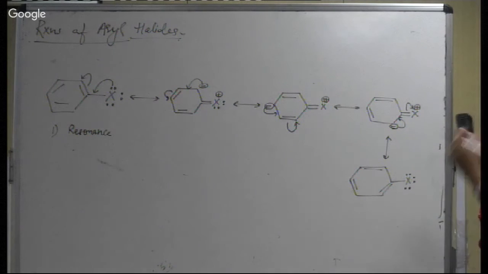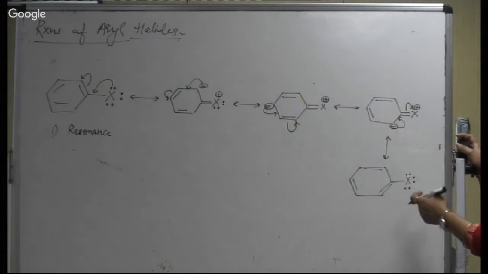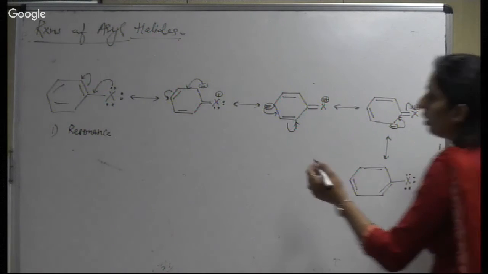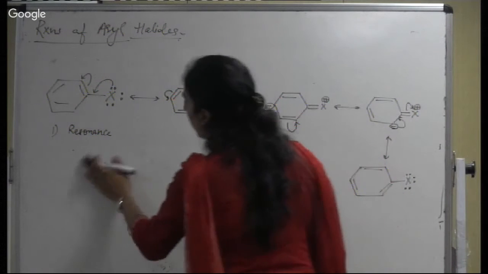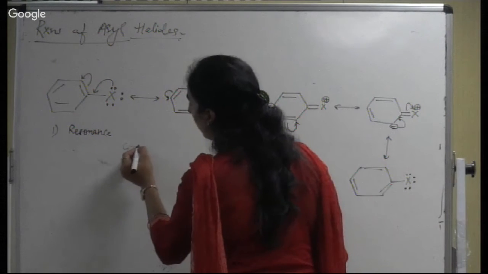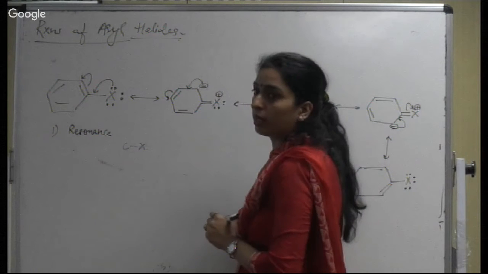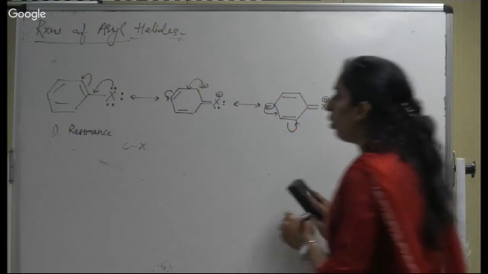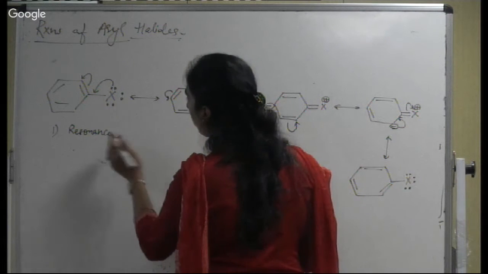Okay. I guess you can see in resonating structures 2, 3 and 4, there is a double bond. In 1 and 5, you have a single bond only. The first one and the last one are different because the double bond locations are different. They are not the same. So because of this partial double bond between carbon and halogen, it is very difficult to break. Am I right?